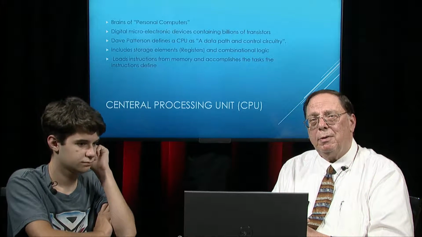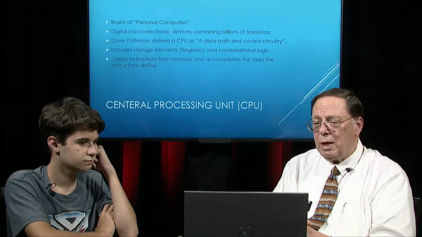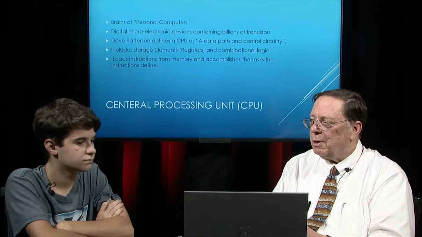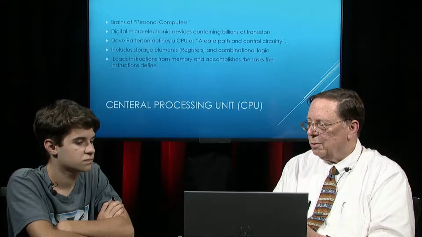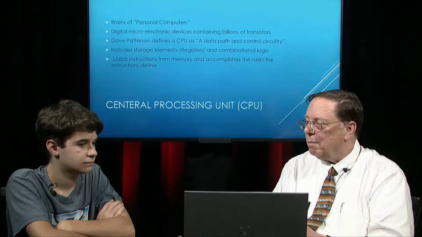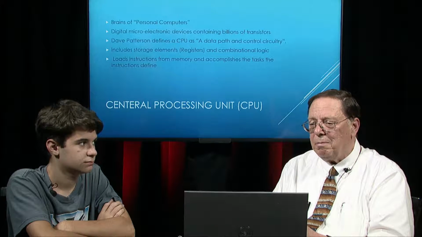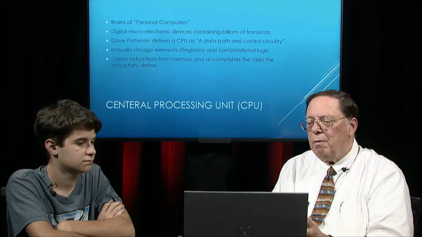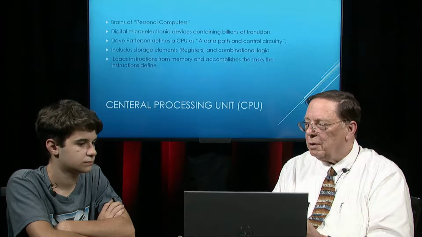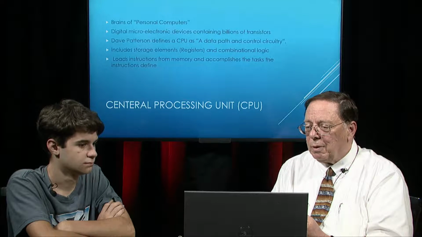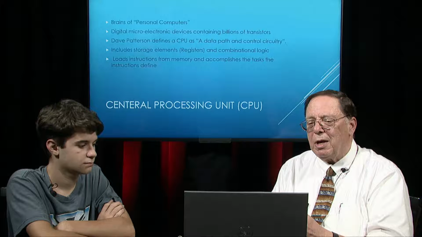David Patterson, who's the author of one of the textbooks that I used when I taught this class in school, says that a CPU is a data path and a control circuitry. When I first read that, I thought, man, what's this guy talking about? But after having built some, it is a good definition. What we need to do is move data around from various parts of the central processing unit, and there has to be some kind of control that makes that happen.